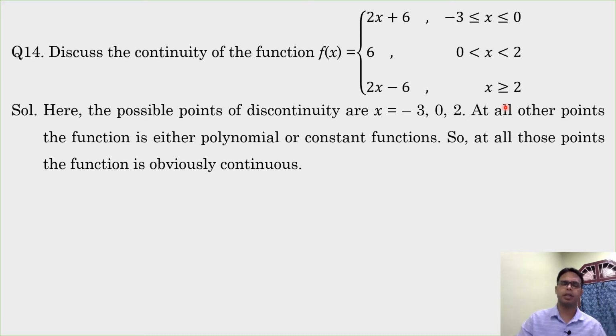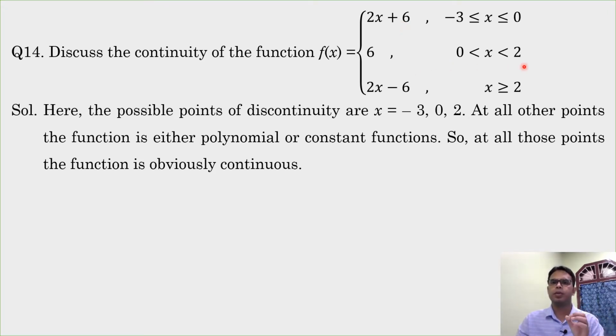So I am taking a short writing here. At all other points the function is either polynomial or constant, so at all those points the function is obviously continuous. You may also write in different formats: in the interval (-3, 0), f(x) is equal to 2x plus 6, so it is continuous.